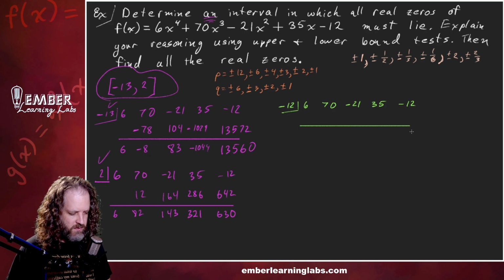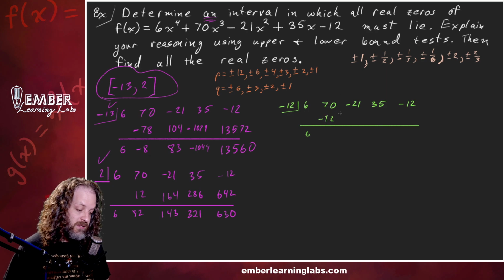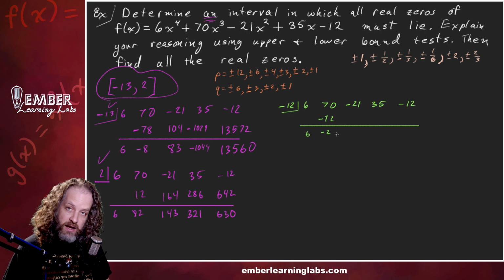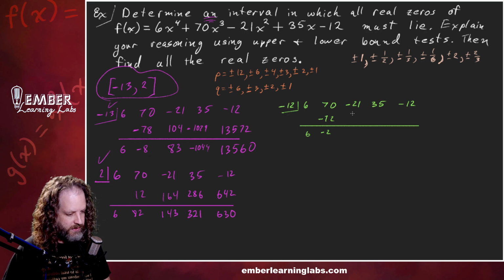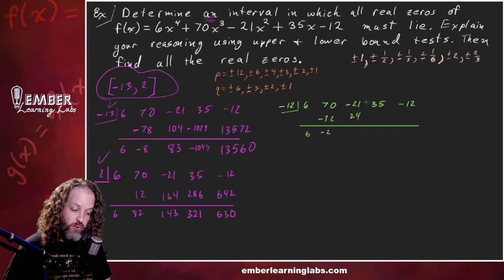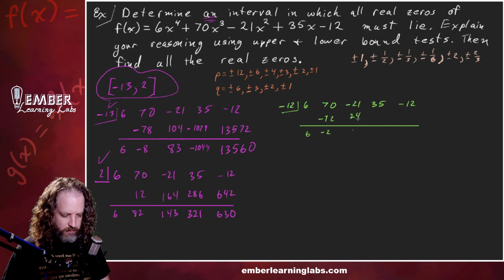Draw our line, bring down our 6. 6 times negative 12 is negative 72. That's so far not bad, because 70 plus negative 72 is negative 2. Negative 2 times negative 12 is positive. Don't make the same mistake twice if we can help it. 24. Negative 21 plus 24. Okay, we're still looking pretty good.